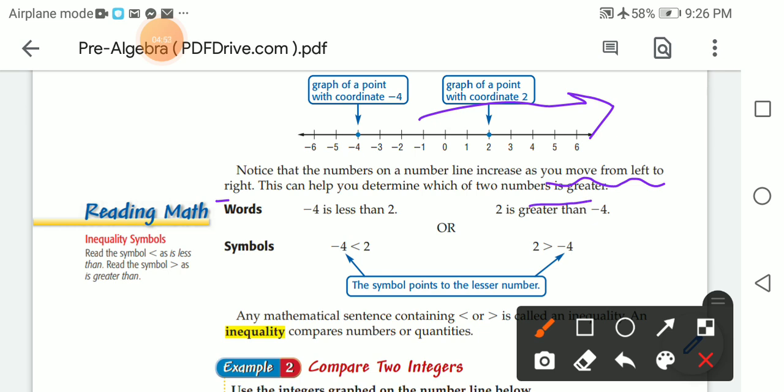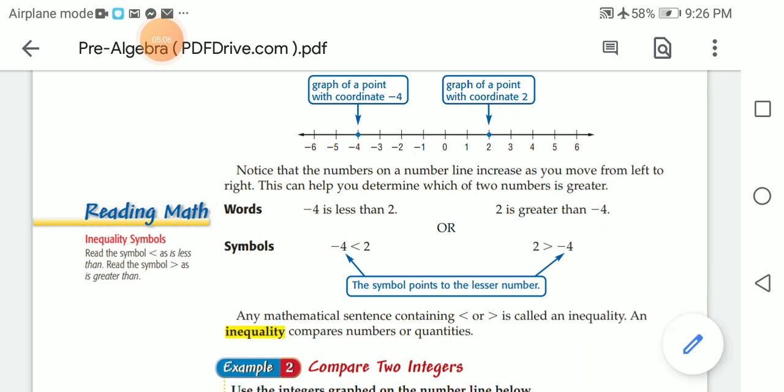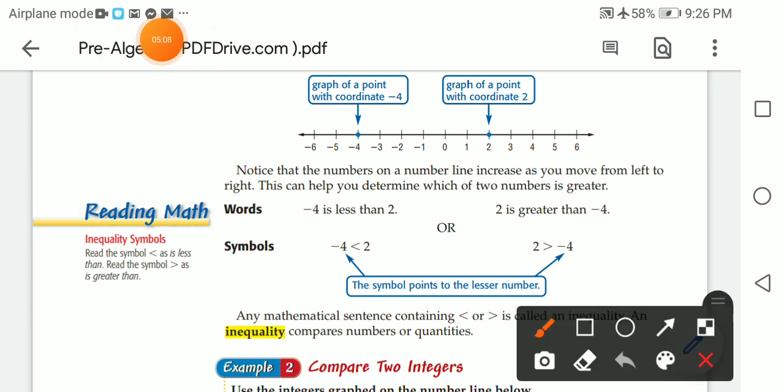The number from left to right moves to be greater. Negative 4 is less than 2. I have here 2 is greater than negative 4. Clear? Again, as you see, my dear students, negative 4 is less than 2.